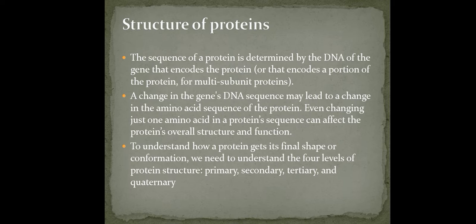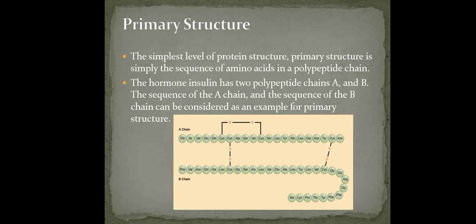Even changing just one amino acid in a protein sequence can affect the protein's overall structure and function. To understand how a protein gets its final shape or conformation, we need to understand the four levels of proteins: primary, secondary, tertiary, and quaternary.